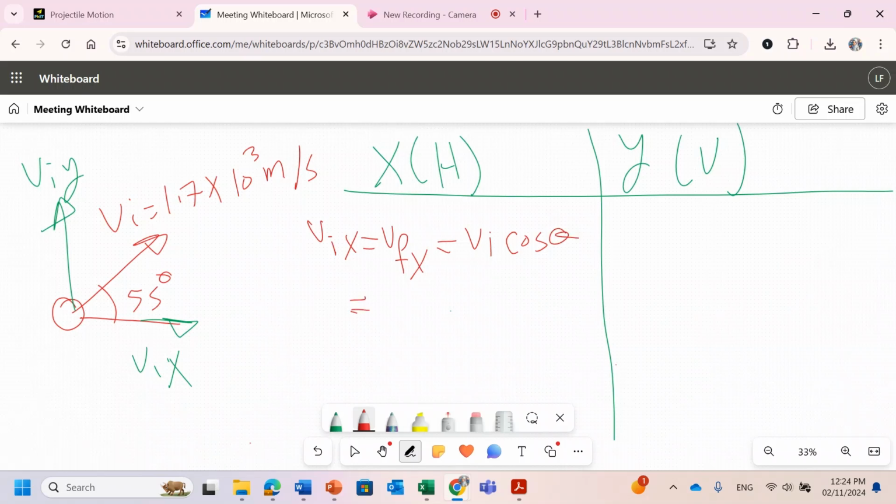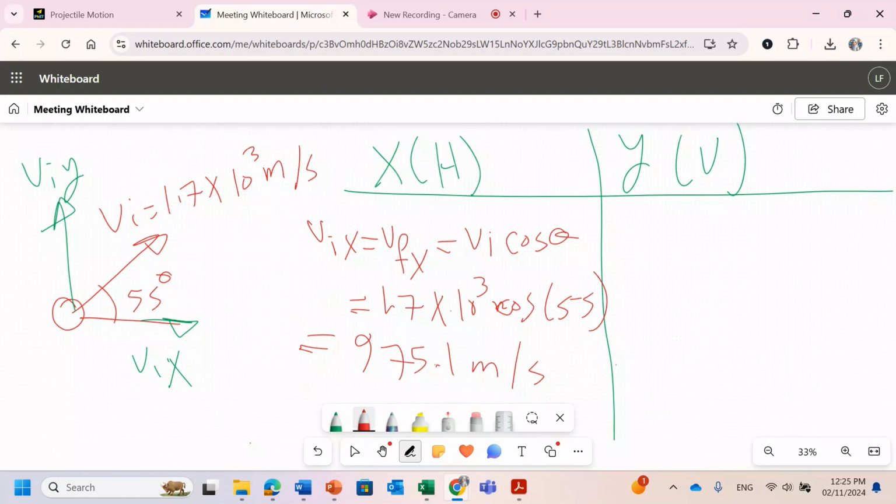V initial is given, which is 1.7 times 10 to the power 3 cosine 55. If you plug these values in the calculator, you should get 975.1 meter per second. It's okay if you write the numbers to one decimal digit.